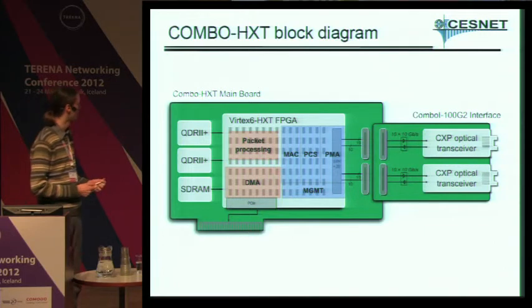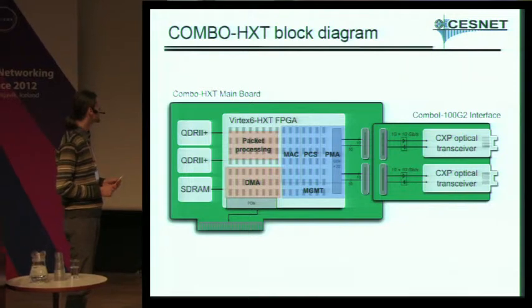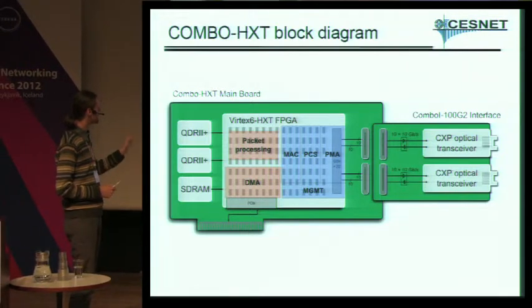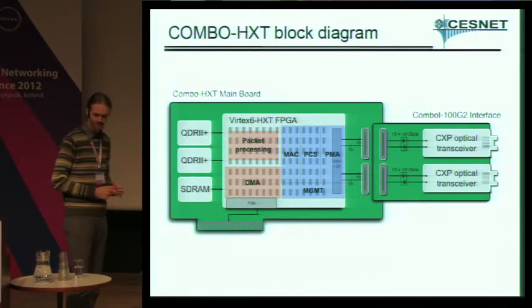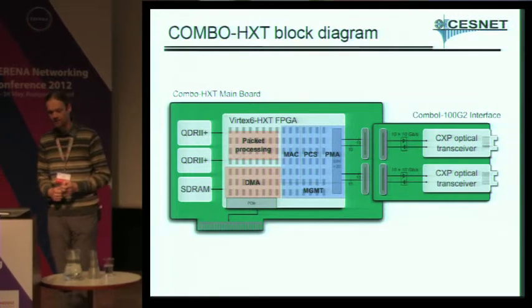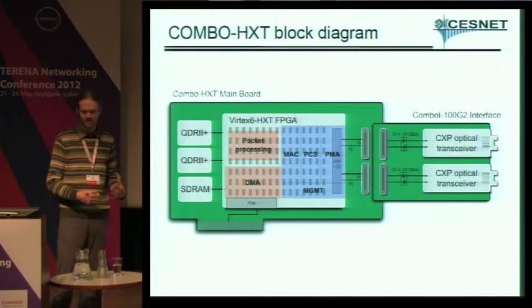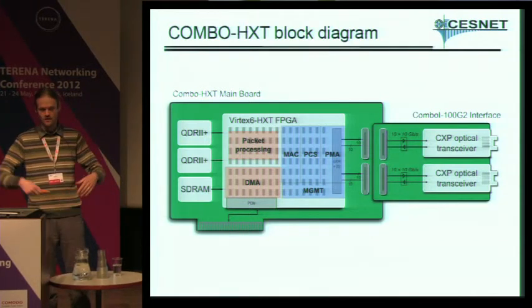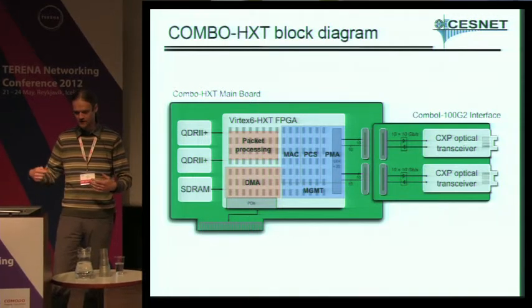Here's the block diagram. The main part, of course, is the FPGA, which will implement all the layers of Ethernet, except for PMD, including the management, which has to be there. What we also currently have is a really powerful DMA transfer engine to transfer the data to or from the host RAM.